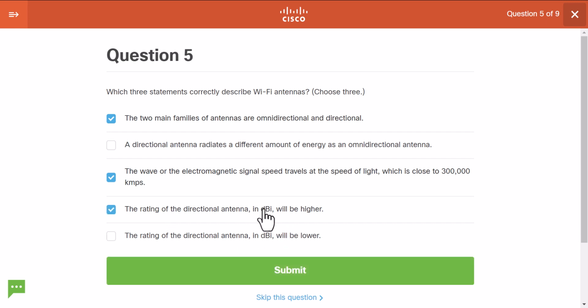It will be higher in terms of dBi because it provides higher gain in a specific direction. And when we look at the rating of an antenna, we look at the primary direction this antenna is designed for. So that should definitely make the rating higher in dBi.